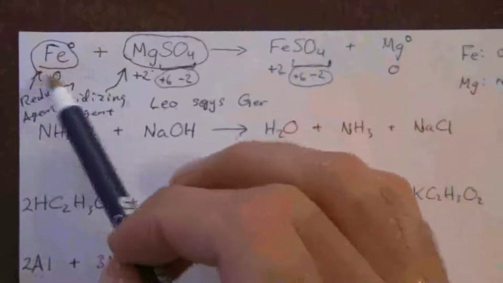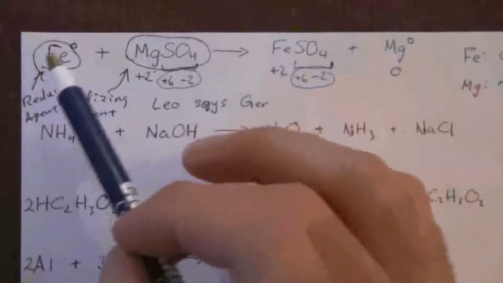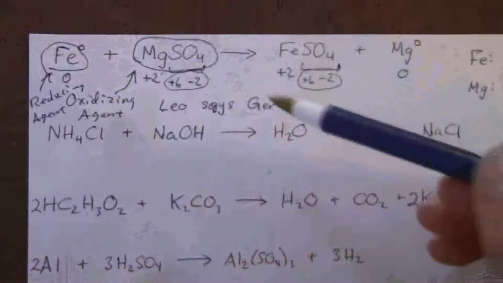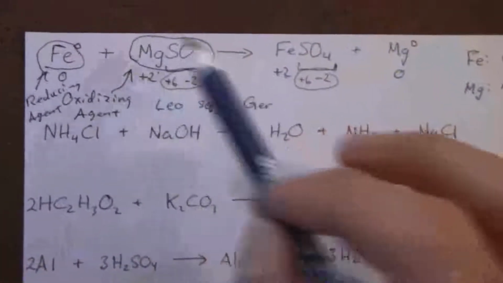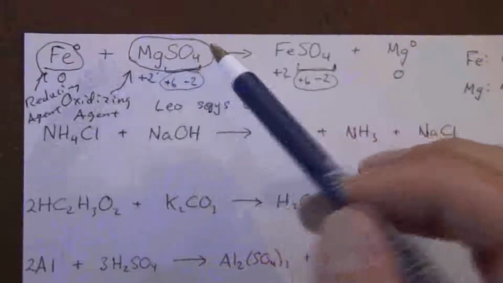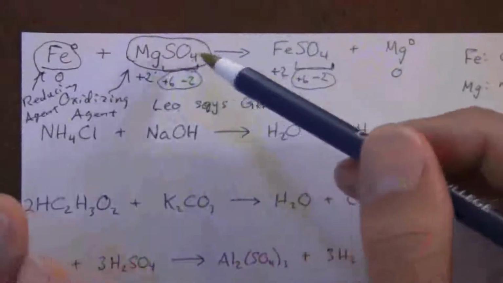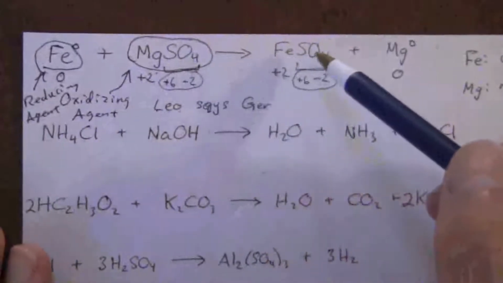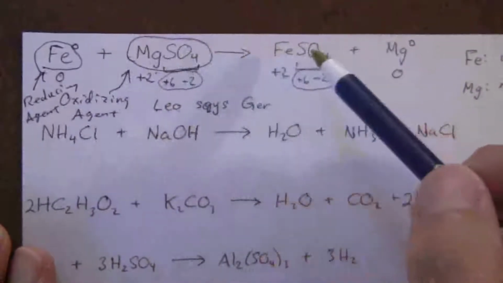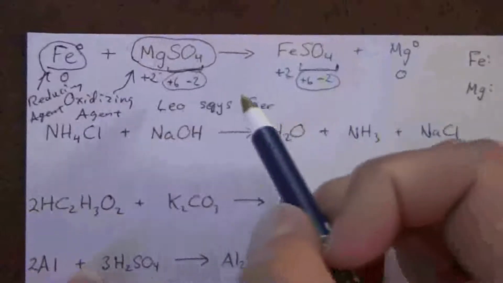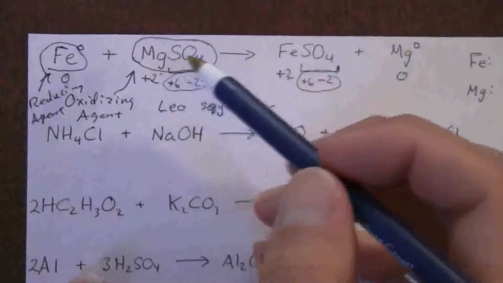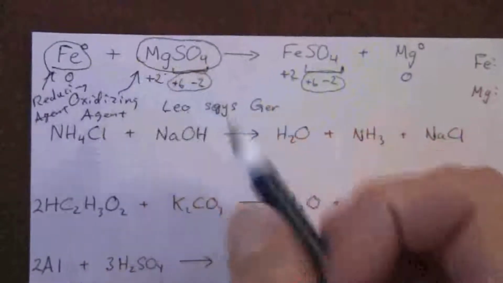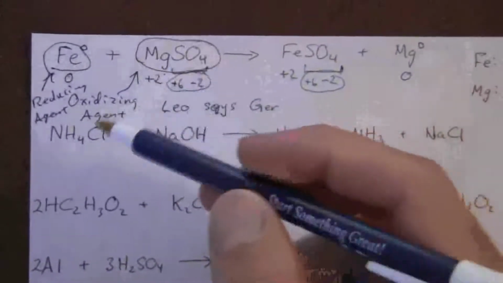So talking about the whole substance, all right, the iron, which in this case is just the element, but here we're talking about the magnesium sulfate. Now, it didn't have to be sulfate, because the sulfate we saw didn't participate in the reduction or oxidation of the iron or magnesium.